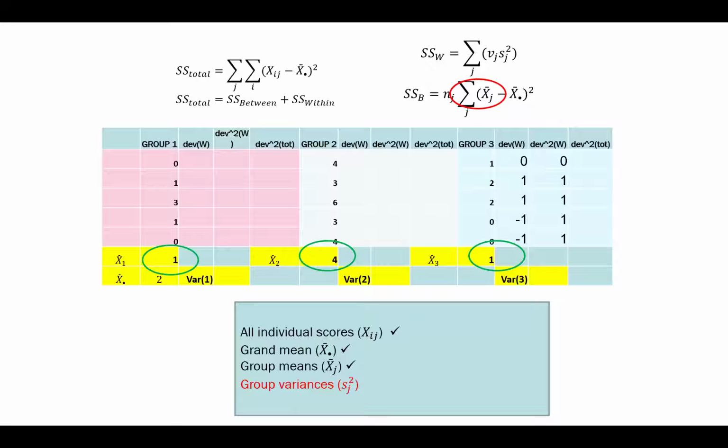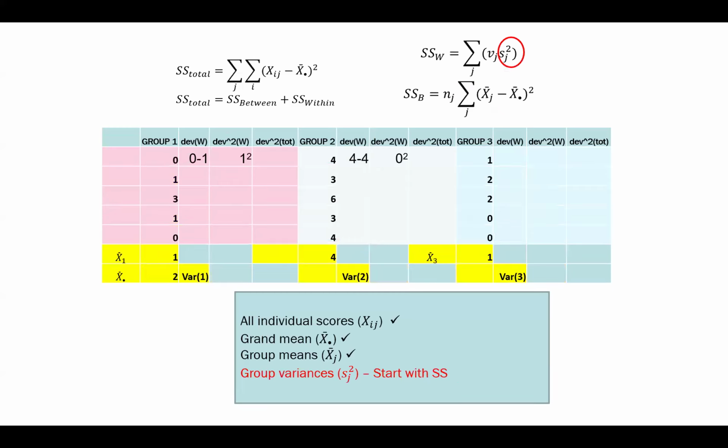Now what we're going to have to do next is the group variances, and the group variances are for the sum of squares within term. Up there, sum of squares sub W is equal to the sum of all the group variances times their respective degrees of freedom.